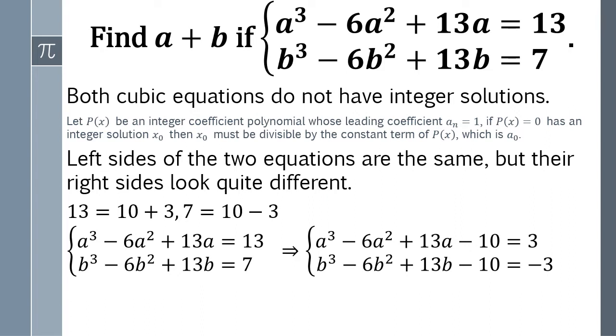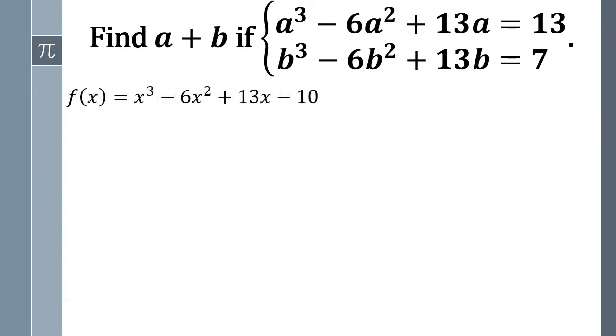Okay, without any surprise, I define f(x) as x cubed minus 6 times x squared plus 13x minus 10. I want to know if this function can be further factorized.